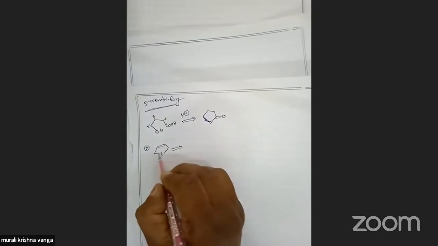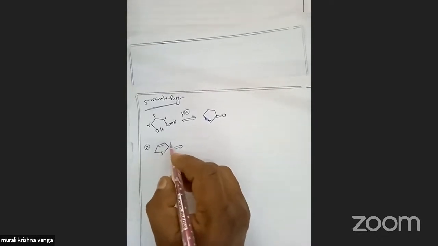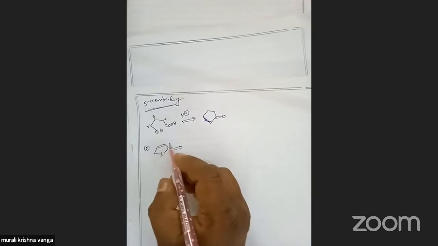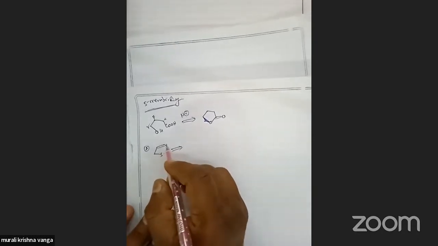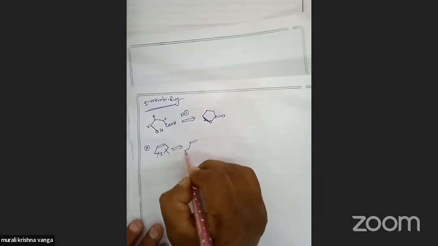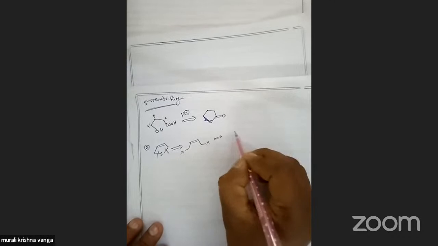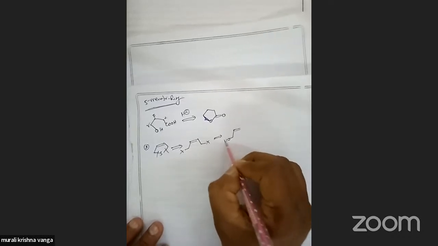The second example is dihydrothiophene. Bonds break, then X–R formation takes place, and these are again converted into hydroxy groups.